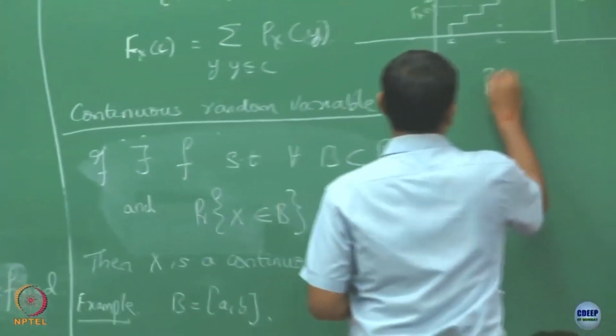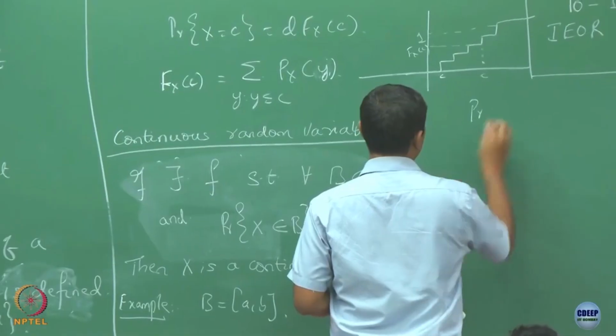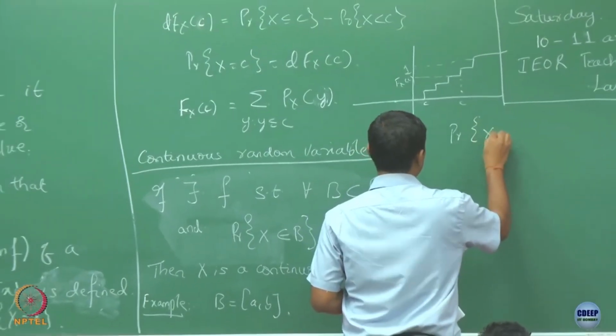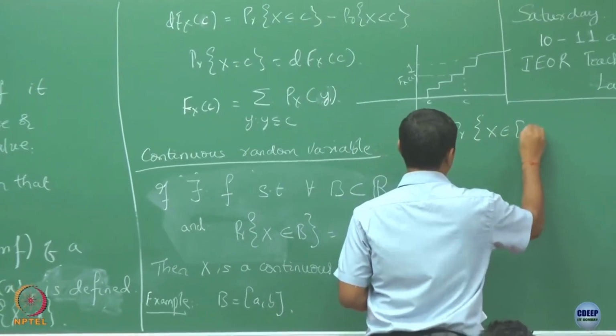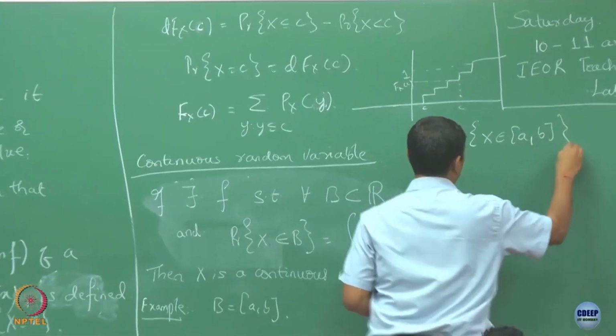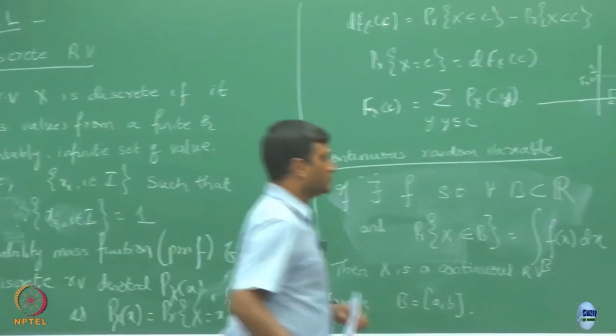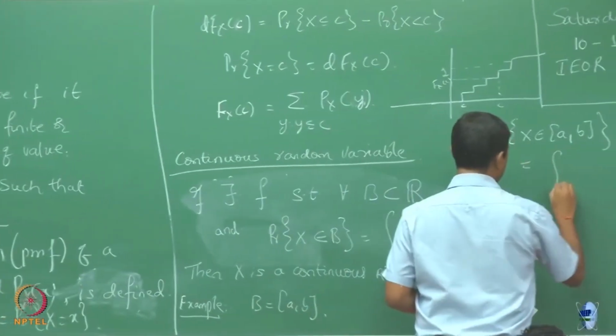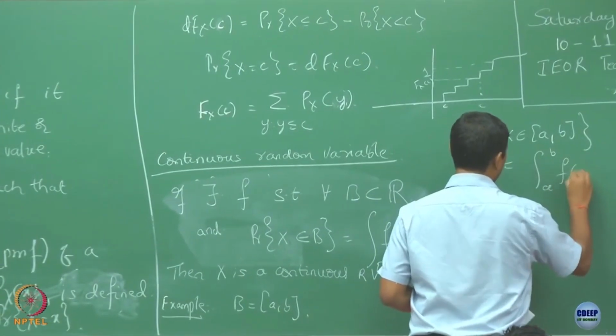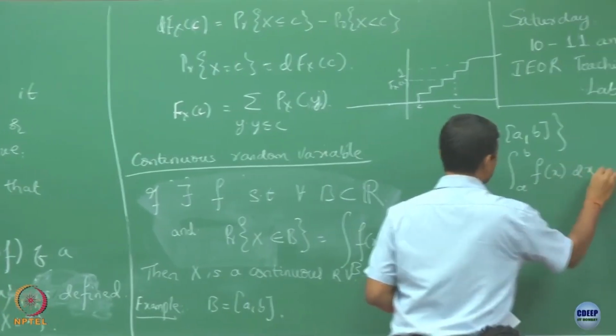Then what is this going to look like? This is simply going to look like the integration over ab of f of x dx, right?